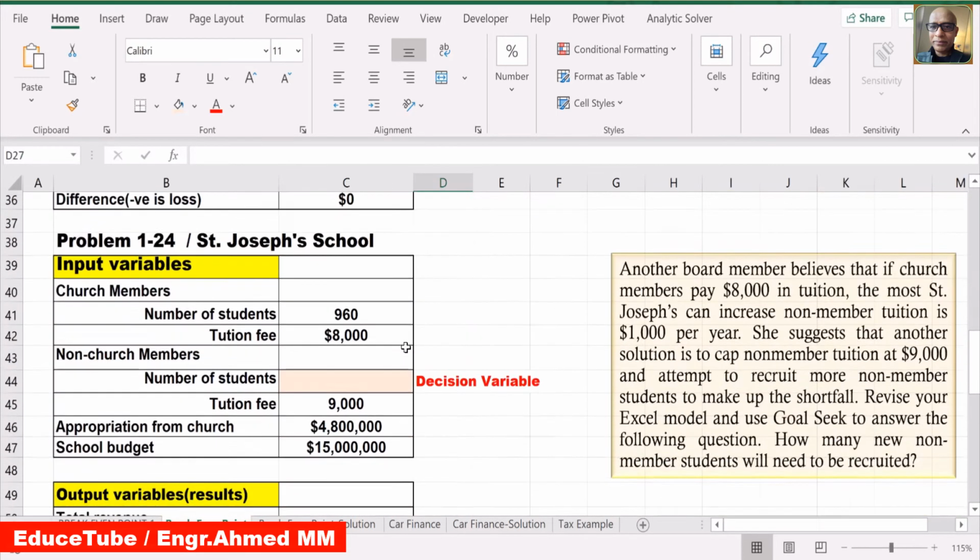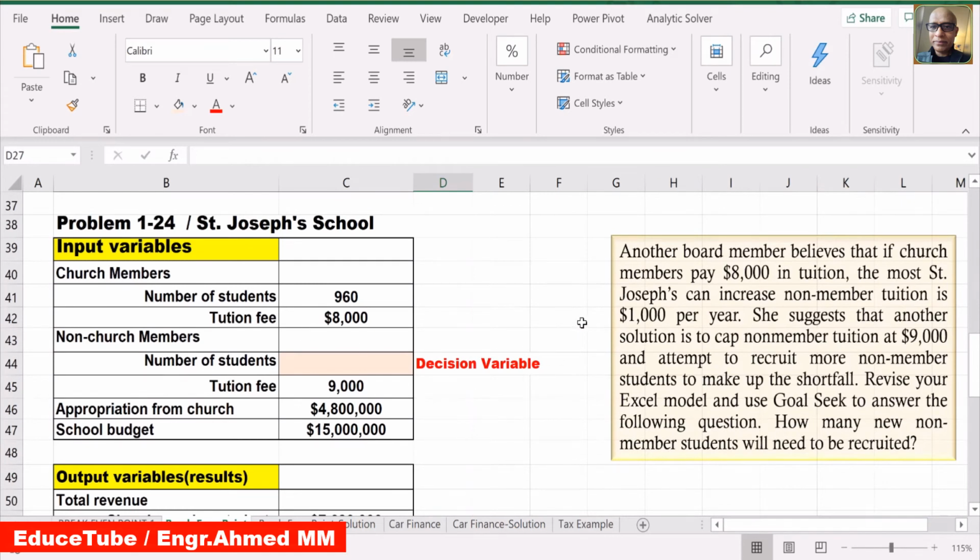Now we go for the third one. It says another board member believes that if church members pay 8,000 in tuition, the most St. Joseph can increase non-member tuition is 1000 per year. She suggests another solution: cap non-member tuition at 9,000 and attempt to recruit more non-member students to make up the shortfall.